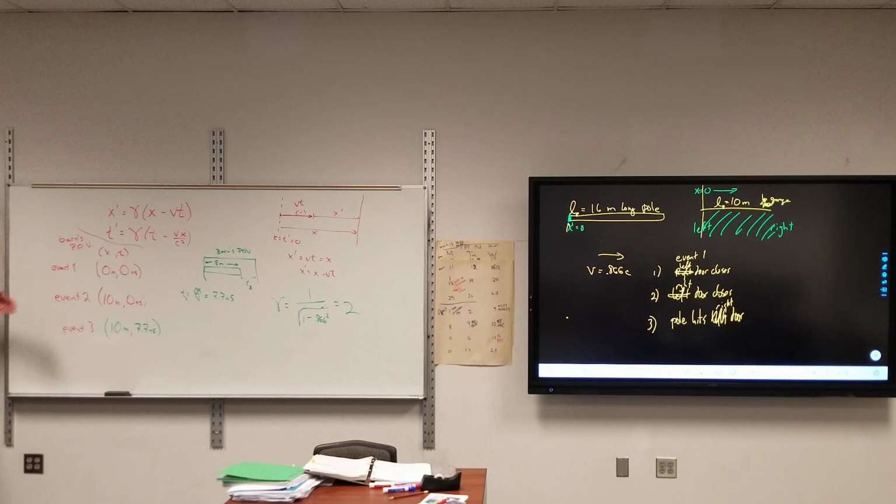So we have these 3 events that are occurring: left door and right door close simultaneously, then the pole hits the right door. From the pole's point of view, the barn's traveling at that speed, and the barn is coming at it shorter than it actually would, looking like it's about 5 meters long.